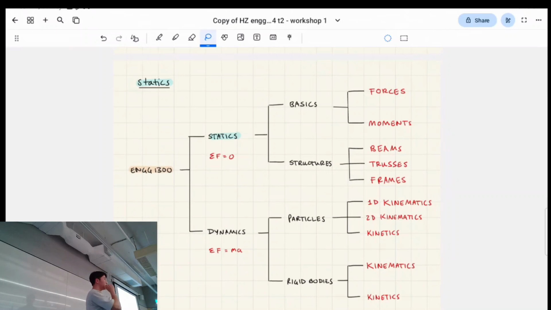Statics and dynamics come from Newton's laws, which you've probably heard about in physics. A couple of you might have done engineering studies in high school, which will help a lot with this course as well. But the statics half is based on Newton's first law, so that's the sum of the forces is equal to 0. That's basically when things aren't moving.